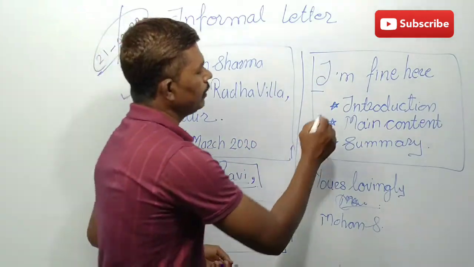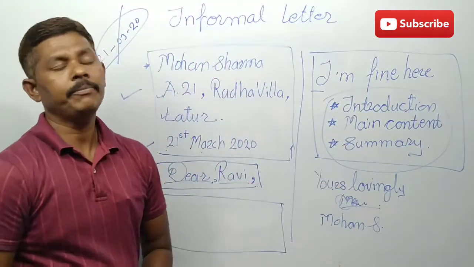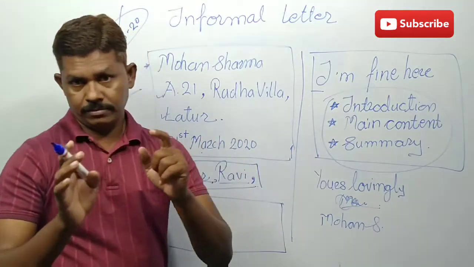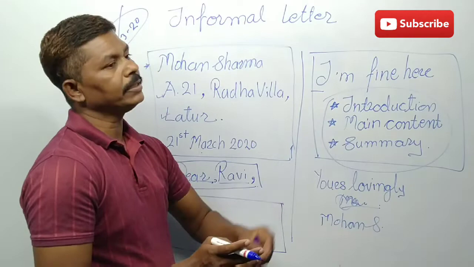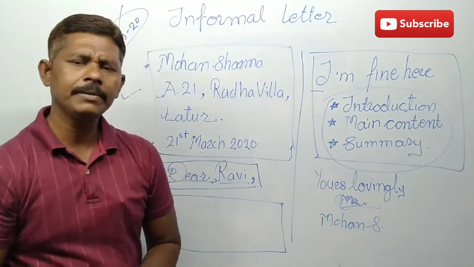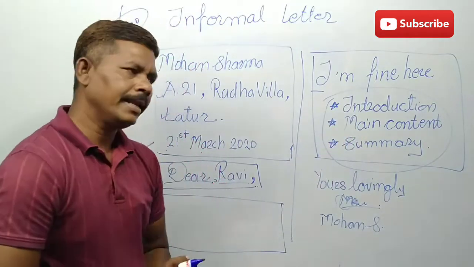And what important aspects should be included in the matter? Three things are there. Your body should be divided into 3 paragraphs. Either you can take three paragraphs, or you can write in one paragraph, but these three things are necessary here.